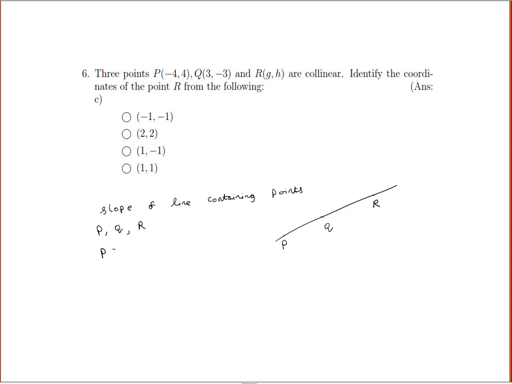So let's mark the coordinates. P is minus 4, 4. Q will be 3, minus 3. And as we see, the order will be different here.